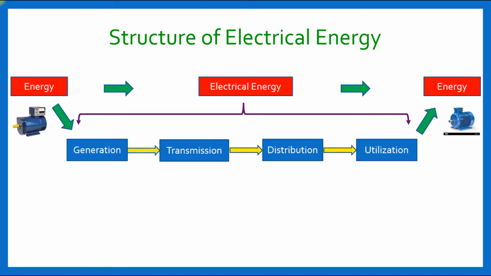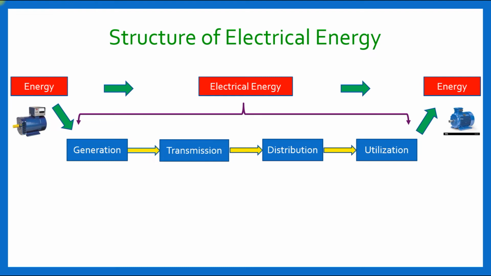Some other converters are also there, and those are not called motors. Other equipment converts electrical energy into other energies. In this way, the normal structure of electrical energy is defined.